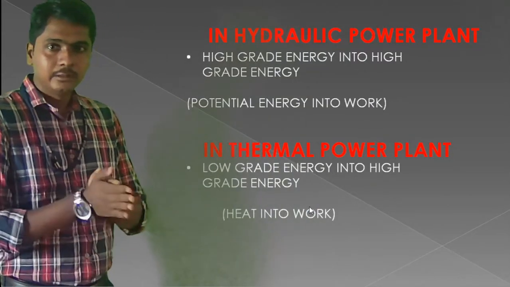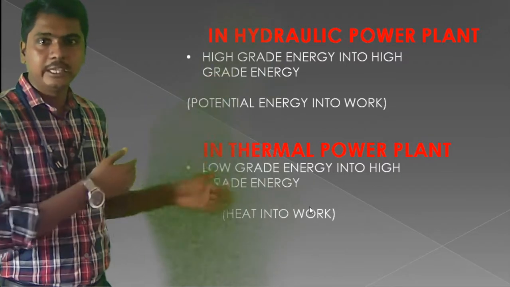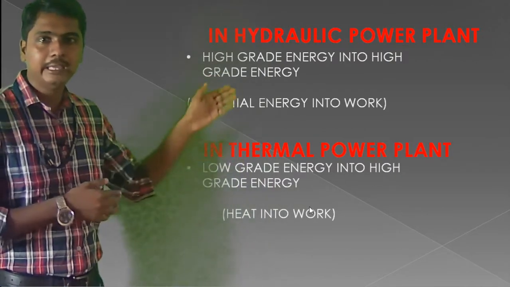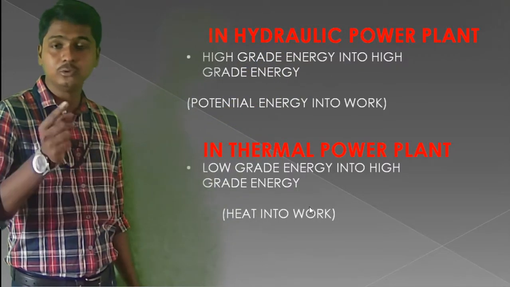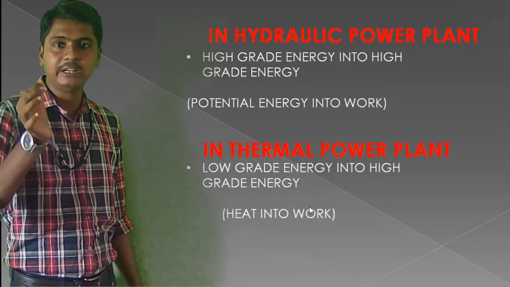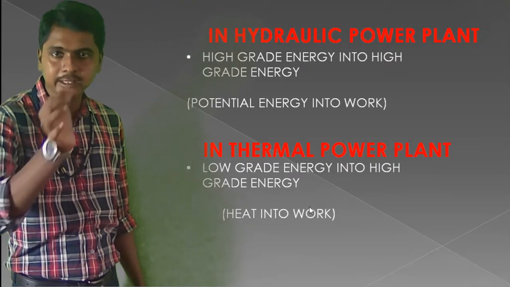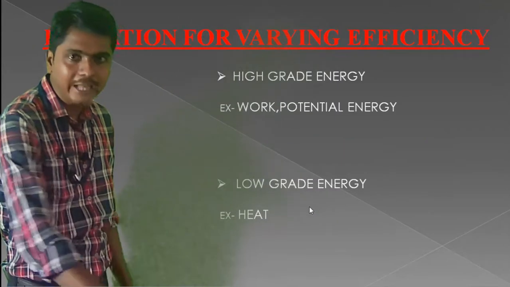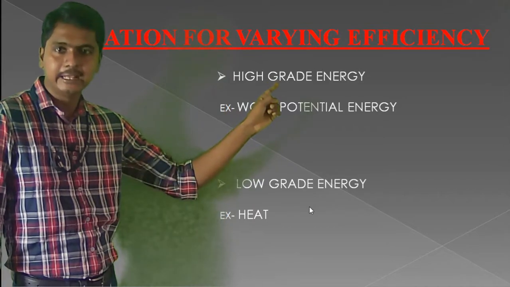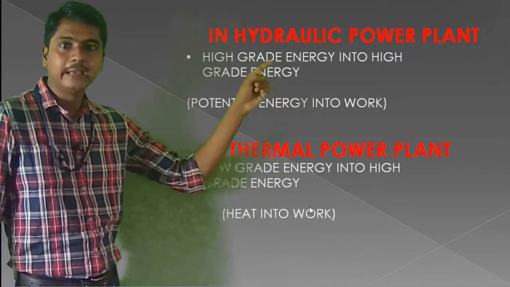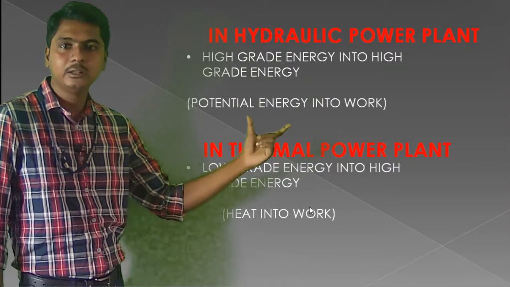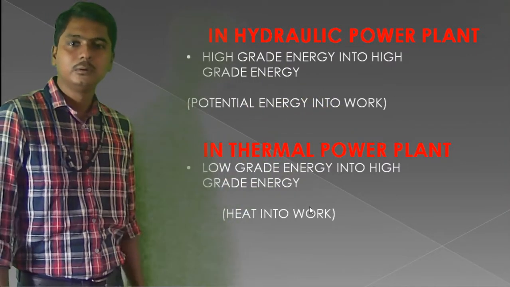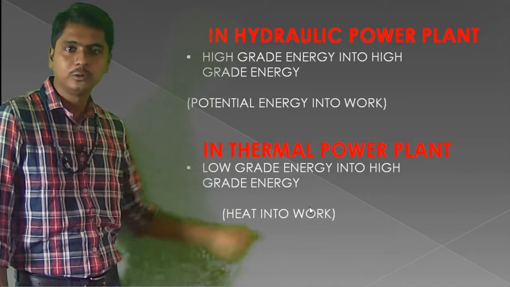Clear? So that's what I have explained here. In a hydraulic power plant, high grade energy is converted to high grade energy, because the objective of a power plant is to get mechanical work output. And what is work? Work is a high grade energy. In a hydraulic power plant, the potential energy of water is converted to mechanical work output.